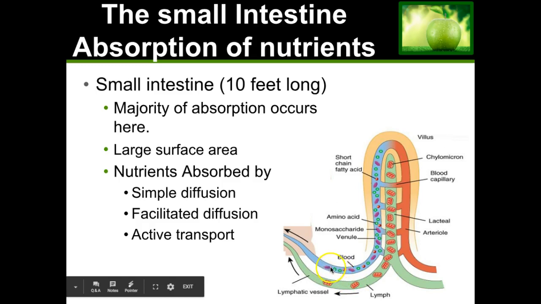These villi will then absorb food from the exterior out and into the blood supply, and in the case of fats, into the lymphatic system. There are three ways that nutrients are absorbed: simple diffusion for very small nutrients, facilitated diffusion, where nutrients are absorbed using transporters, and then active transport, where energy is expended to actively uptake nutrients and get them into your blood or lymphatic system.